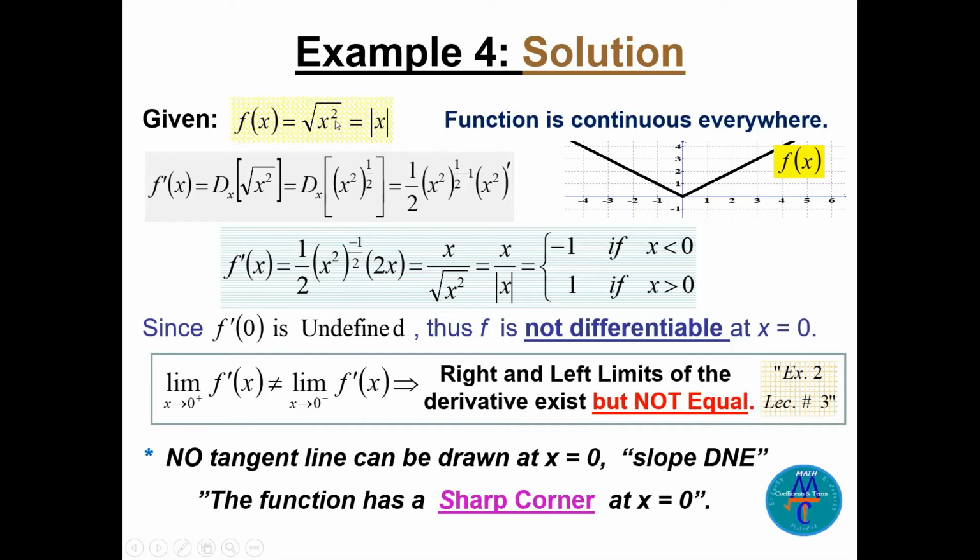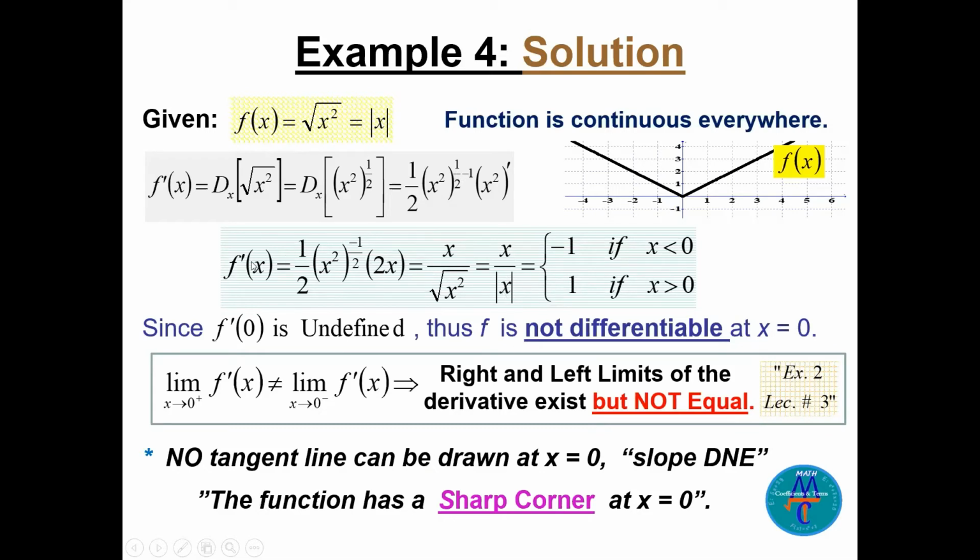One easy way to find the derivative is to write square root of x squared as x squared to the power half, then use the generalized power rule. So put half here, x squared to the power half minus 1 times the derivative of the inside function x squared. Simplify more, cancel the 2 here, so it will be x divided by square root of x squared, which is x over absolute value of x.